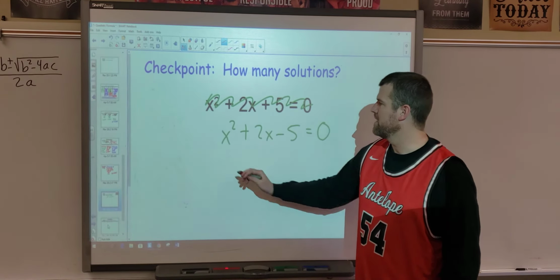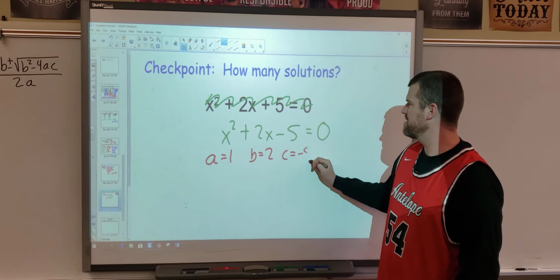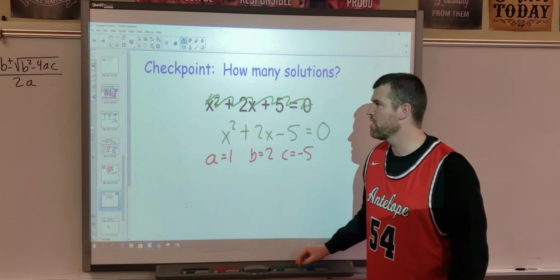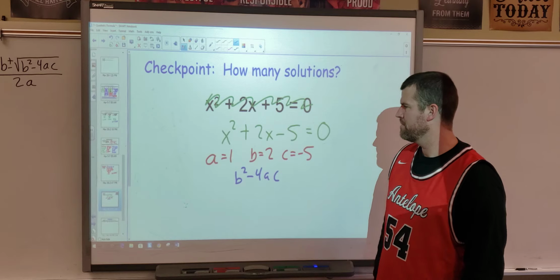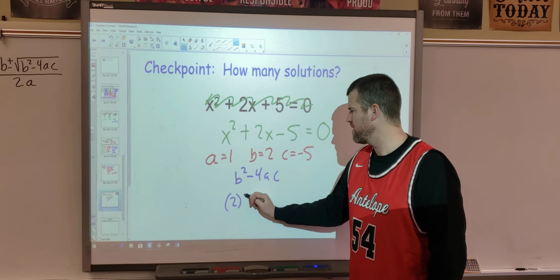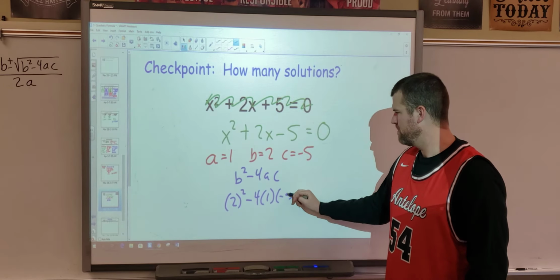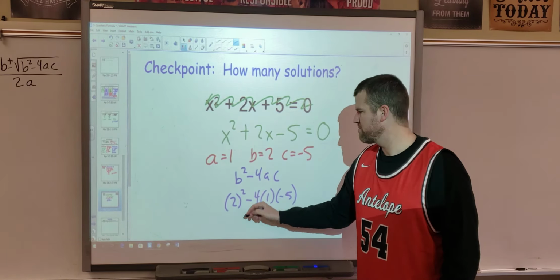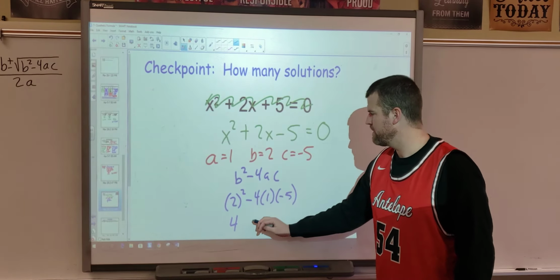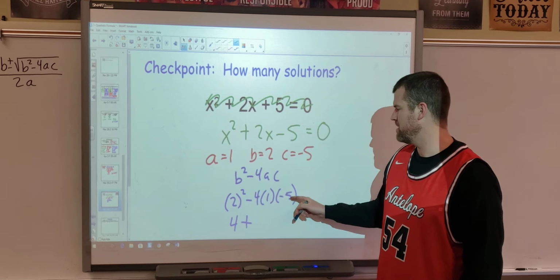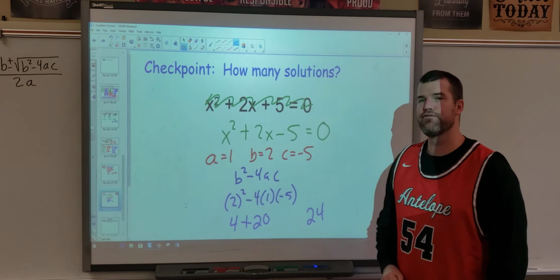All right, let's see how you did. A is 1, B is 2, C is negative 5. We're going to plug that into our discriminant, b squared minus 4ac. So we're going to do 2 squared minus 4 times 1 times c, which gives us 2 squared is 4, minus, but then a negative, so minus a negative makes plus 4 times 1 times 5, and we end up getting a discriminant of positive 24.